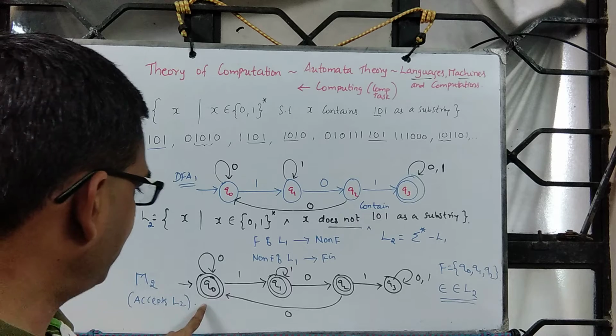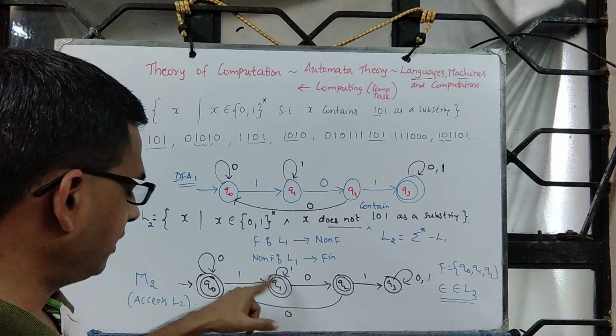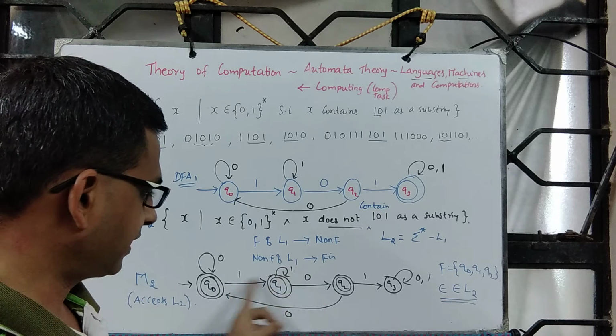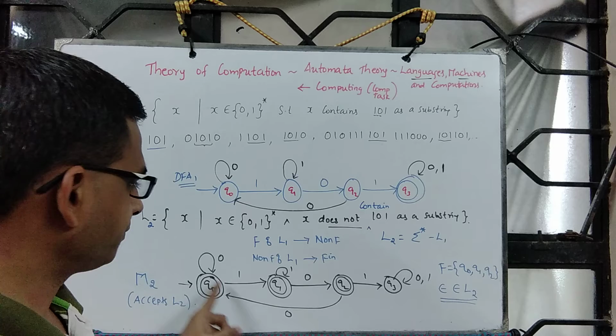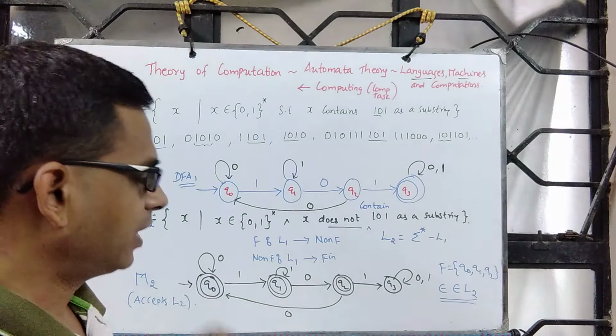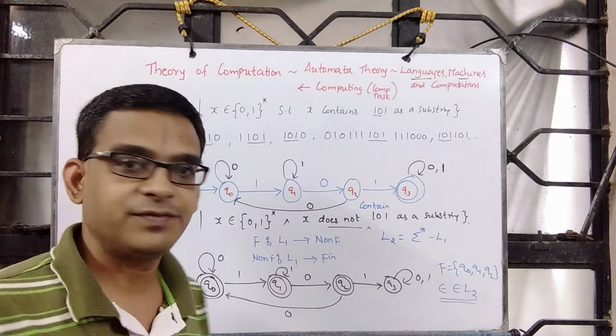And it accepts epsilon, it accepts 0, it accepts 0, 0, it accepts 0, 1, it accepts 0, 1, 1, 1, it accepts 1, 0, it accepts 1, 0, 0, it accepts 1, 0, 0 followed by a 1, and all of them have this property.